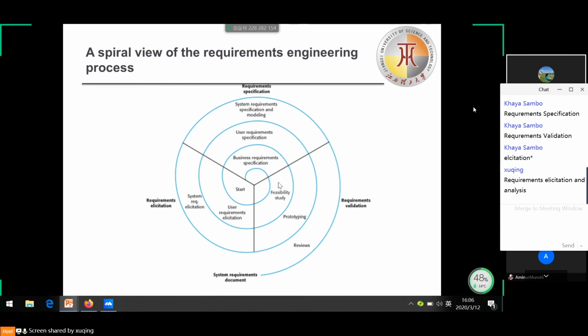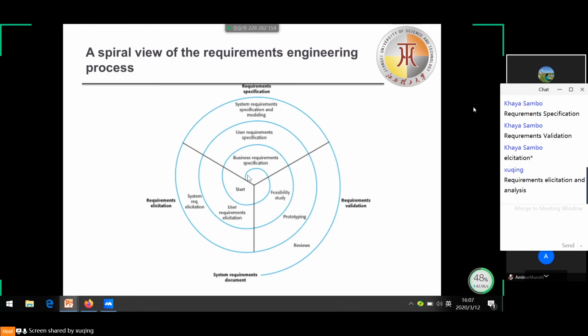You see in this figure the activities are organized as an iterative process around a spiral, with the output being a system requirements document. Among these activities, the amount of time and effort devoted to each activity in each iteration depends on the stage of the overall process and the type of system being developed.